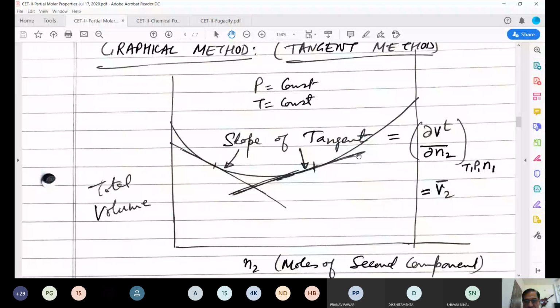We are not changing N1, we are just saying that N2 is going to change because we're taking the derivative with respect to N2. And that is nothing but, by definition, partial molar volume of second component. Similarly, if you have to find partial molar volume at this composition, draw the tangent at that composition and take the slope of the tangent, that will give us V2 bar.